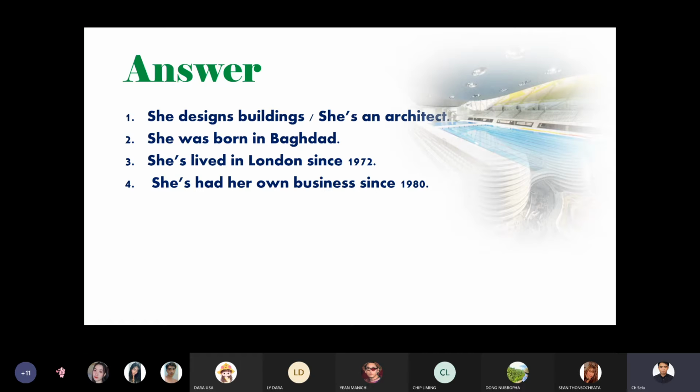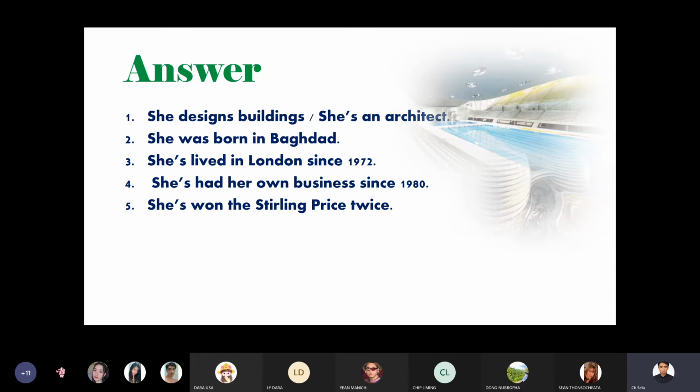How many times has she won the Stirling Prize? She has won 2 times. 2 times, right? Twice, or you can say 2 times.